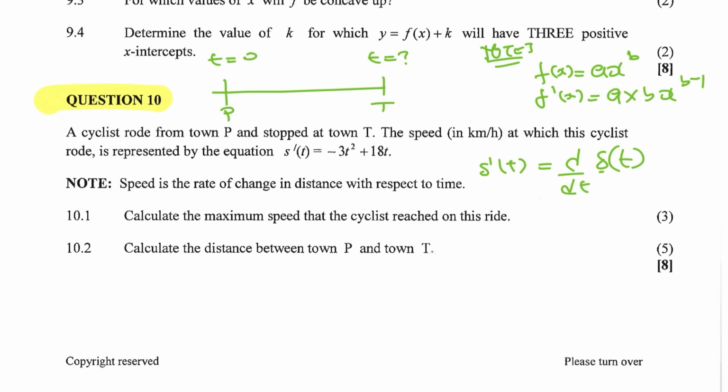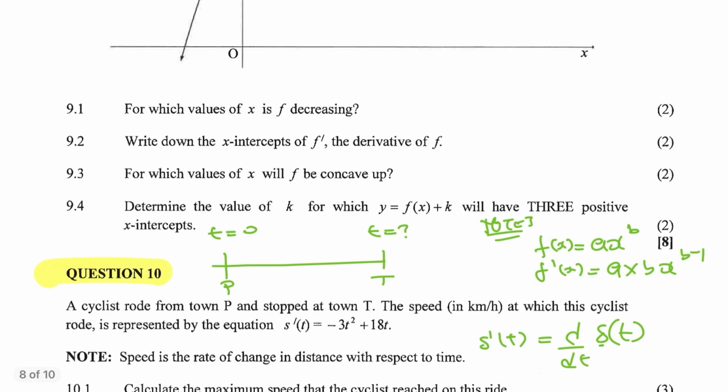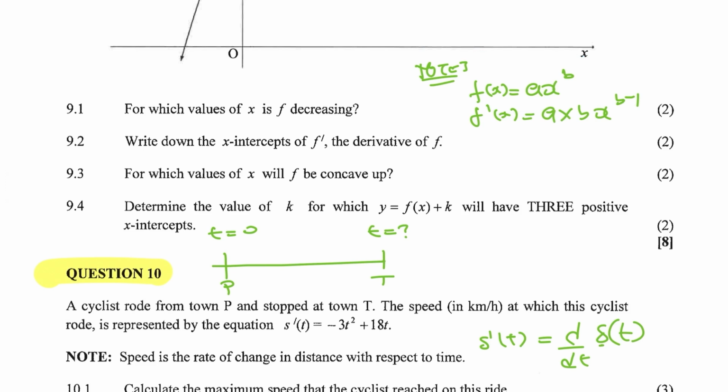Now, what you need to understand again is that S prime of t is a speed, which is essentially a derivative of a distance. And we can find an antiderivative of this distance. We just have to reverse the derivative. Let me make an example here. If you remember from my notes how you find a derivative, you can reverse it.